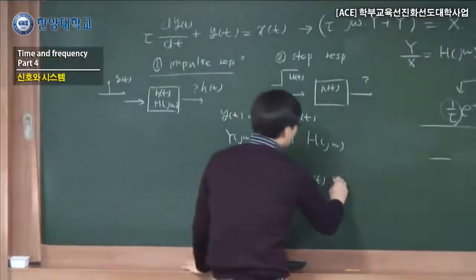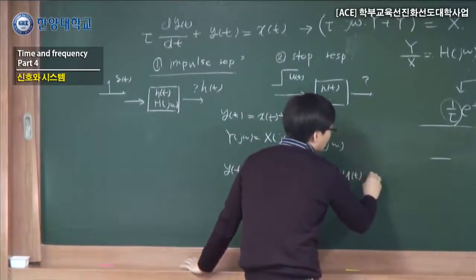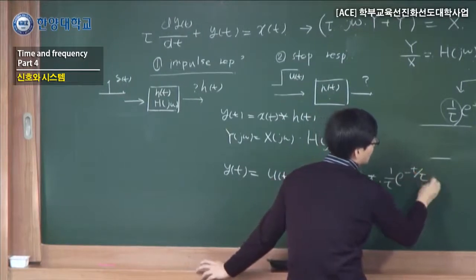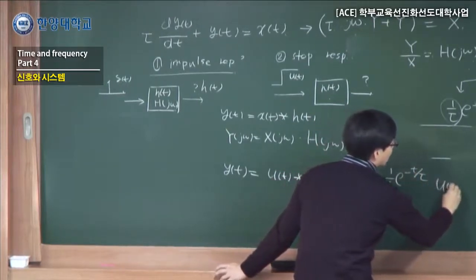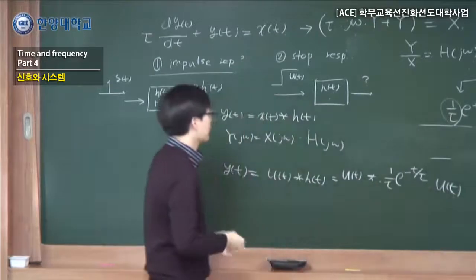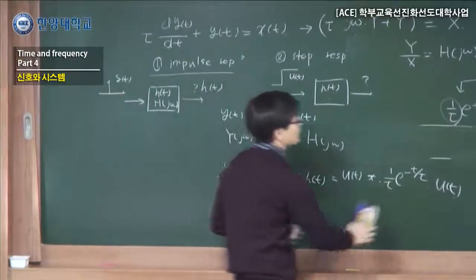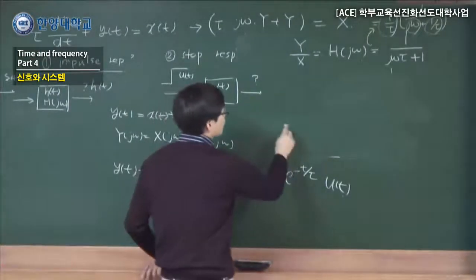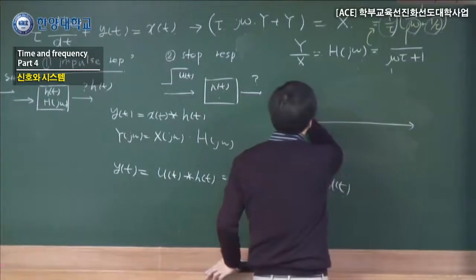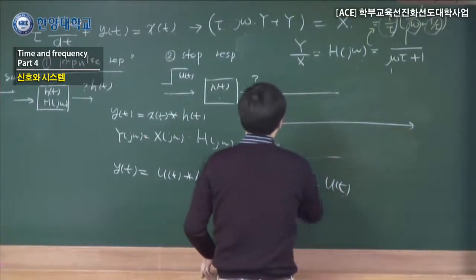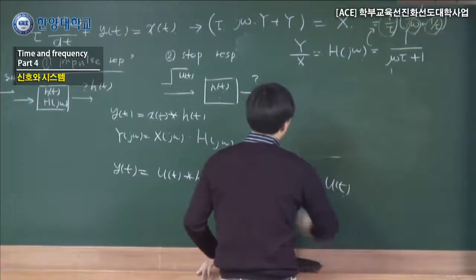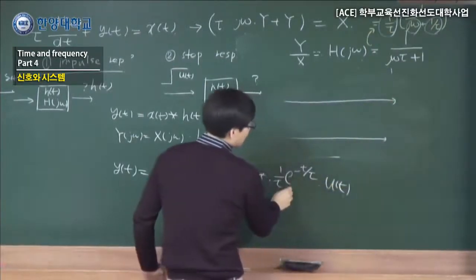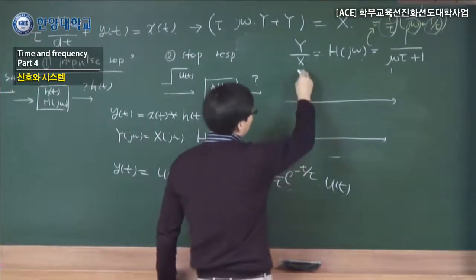So we do u(t) convolved with 1 over tau e to the minus t divided by tau u(t). We do the convolution over here. And intuitively speaking, how do you do the convolution? In convolution, you have the time domain, you plot two signals, first of all, let's plot this one, which is typically given like that.